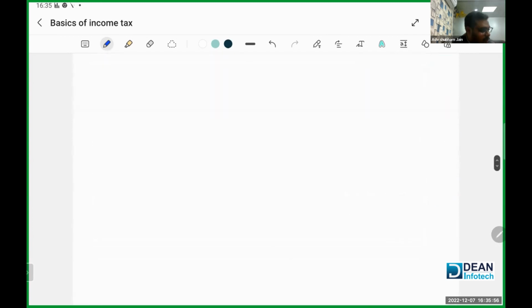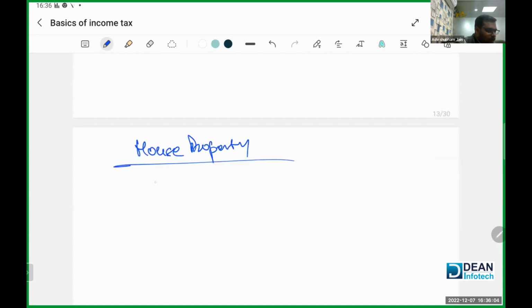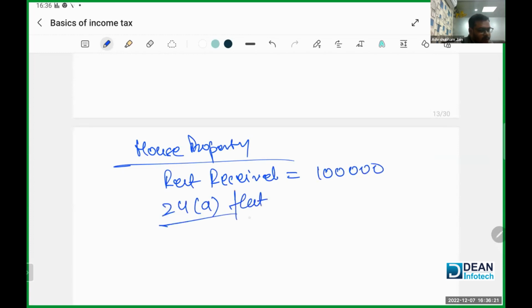Now similarly, if I tell you a brief about house property, if you are earning any income from house property, rent, for example, rent received in a particular year is 1 lakh rupees. The government says we allow under section 24A flat 30% deduction from this particular amount of rent received.